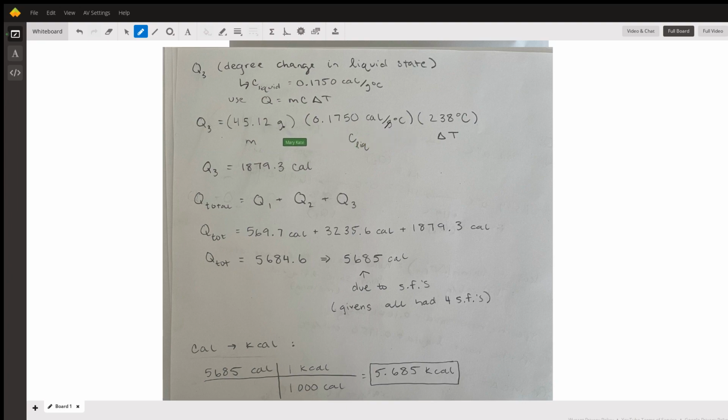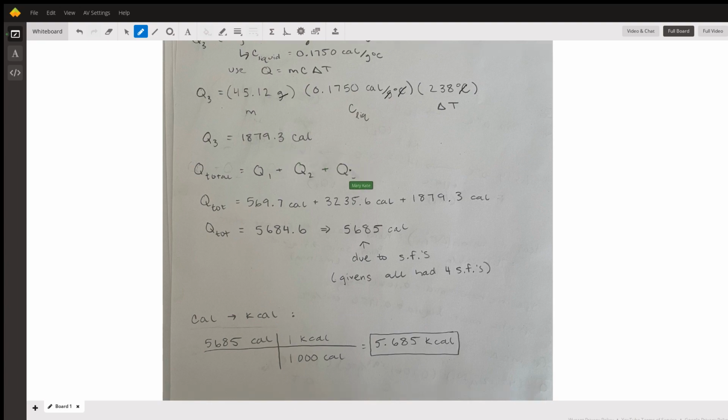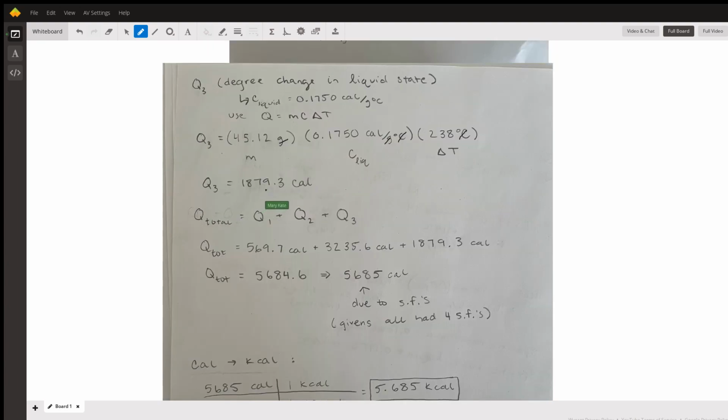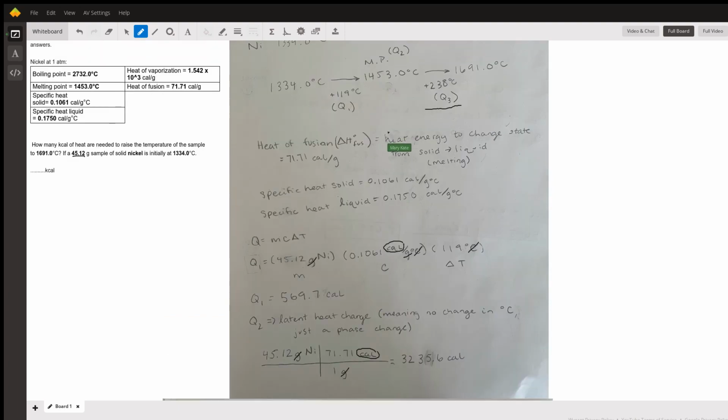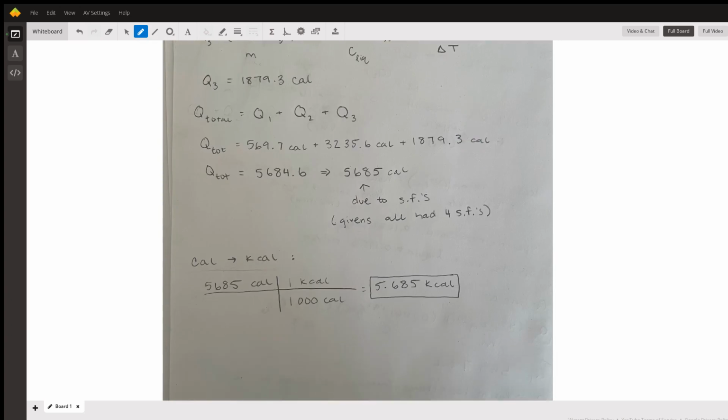Make sure you're crossing out those units again, times 238 degrees Celsius. So multiply that together and you'll end up getting 1879.3 calories. And that is the heat energy it takes to get from 1453 degrees Celsius to 1691 degrees Celsius in liquid form.